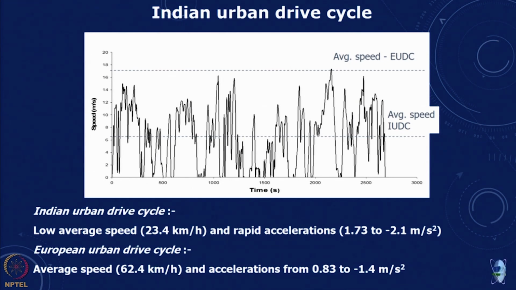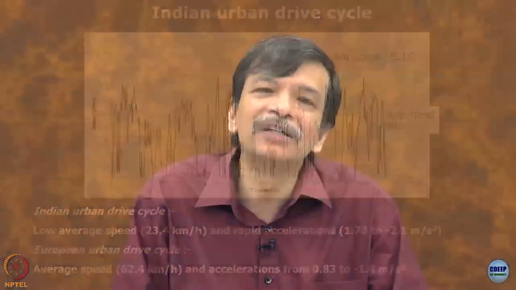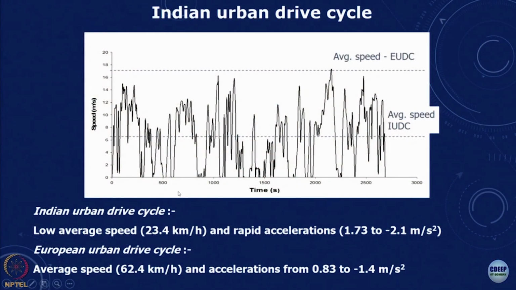In the case of urban driving, mainly it's the road conditions and the traffic that limit, and so you have certain amounts of acceleration and deceleration. So as compared to the European drive cycle, the Indian urban drive cycle has a lower average speed and rapid accelerations, 23.4 kilometers per hour instead of 62.4.